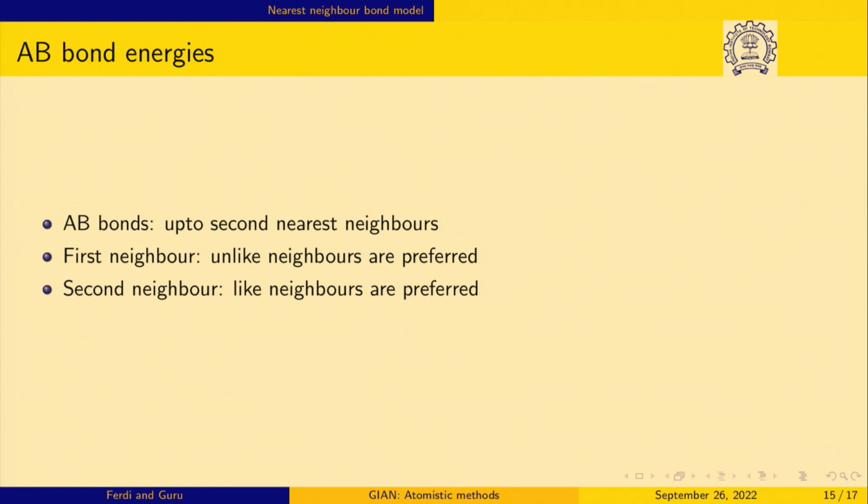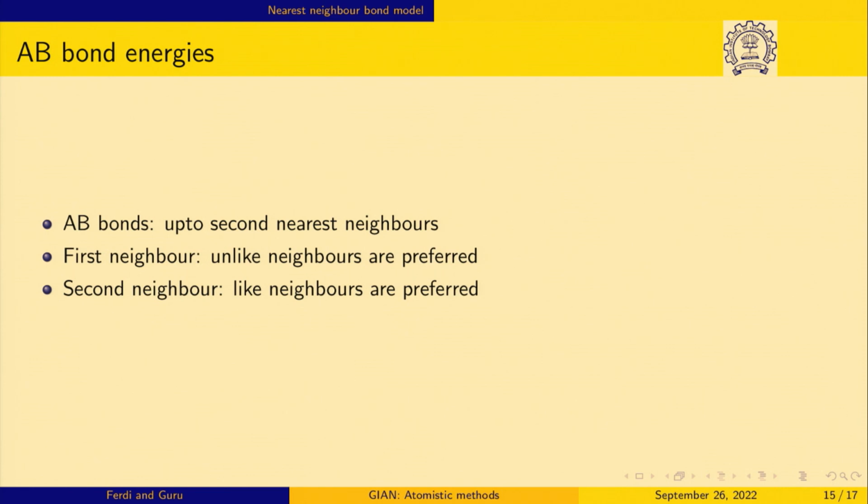So, there is a change in the sign, and that value is chosen using a grand canonical Monte Carlo to get the phase diagram to match the systems that they had in mind. I take different compositions, which should correspond to different supersaturations. So, I construct a phase diagram by choosing EAB to be consistent with the L12 formation, and that is how the AB bond energies are evaluated.